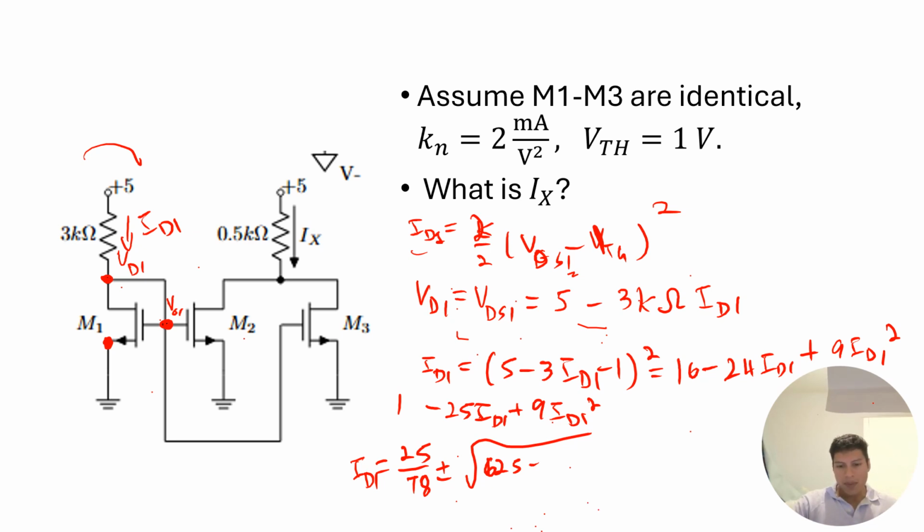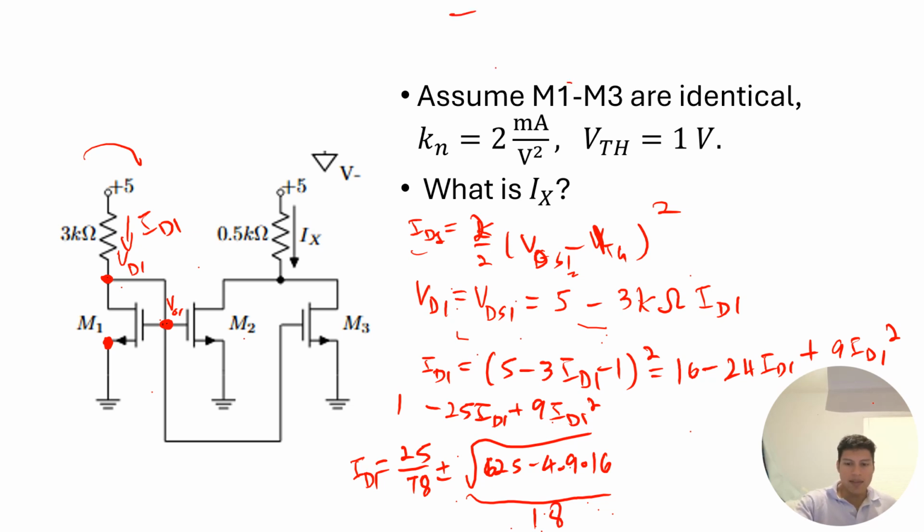Then we have to subtract from that 4 times 9 times 16. Luckily I have my calculator here, so 25 times 25 minus 4 times 9 times 16 gives me 49. So this whole square root turns out to be 7.